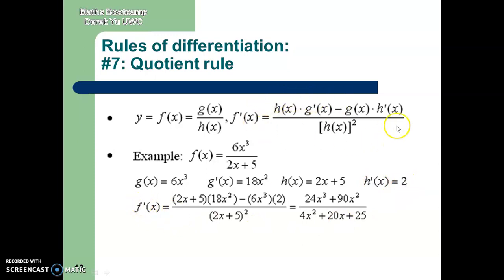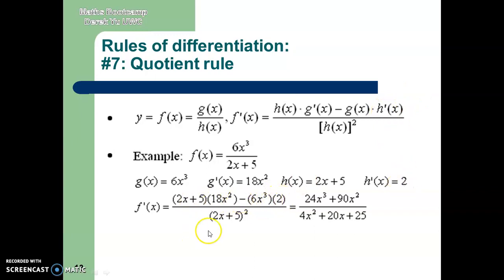And now I make use of this equation to derive the first order derivative of f(x), which is, let's start off with the denominator, h(x) squared. Do you see the square there? This is h(x). Numerator, h(x) times first order derivative of g(x) minus g(x) times first order derivative of h(x).